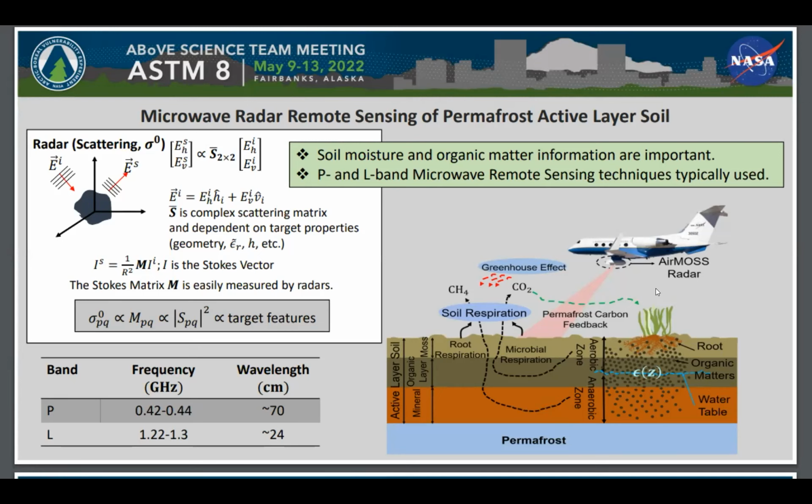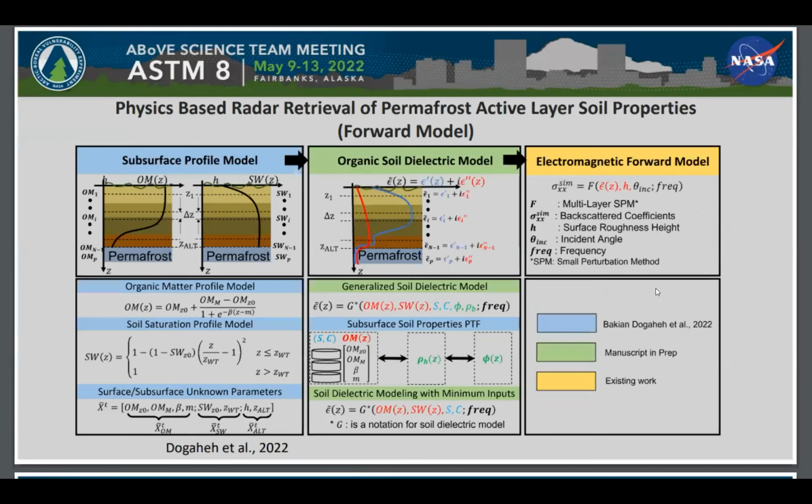Next slide, please. The core of a radar-based retrieval for studying the subsurface permafrost active layer consists of 3 steps. First is a subsurface profile model, where we need to model the subsurface soil moisture and organic matter content as the 2 major important components.